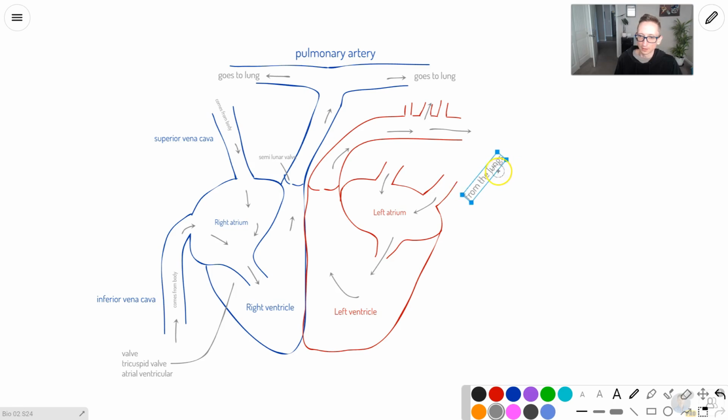From the lungs. From the lungs. And then we've got to the body. To the body. And we've got semi-lunar valves. Valve. Semi-lunar valve.